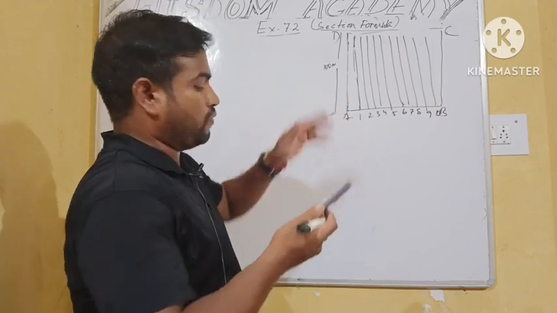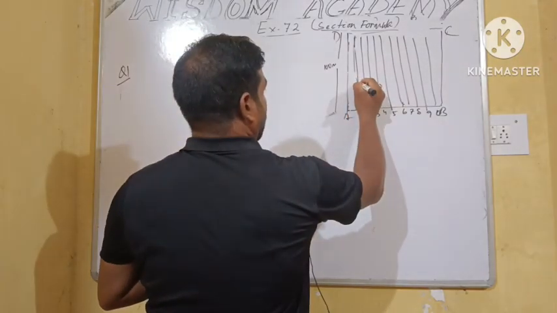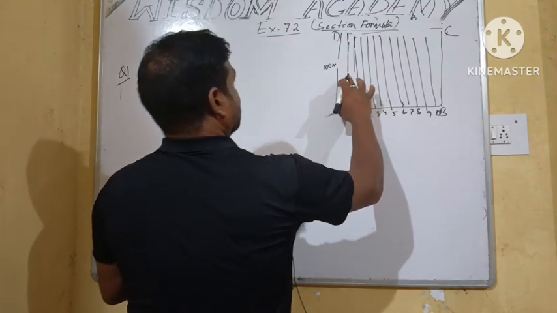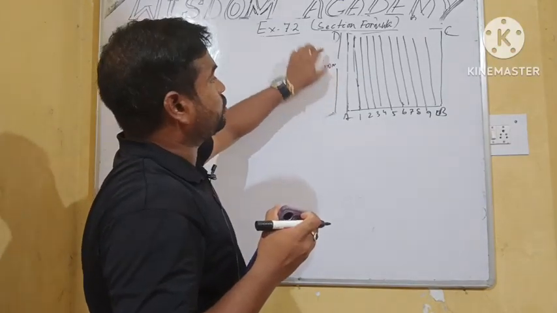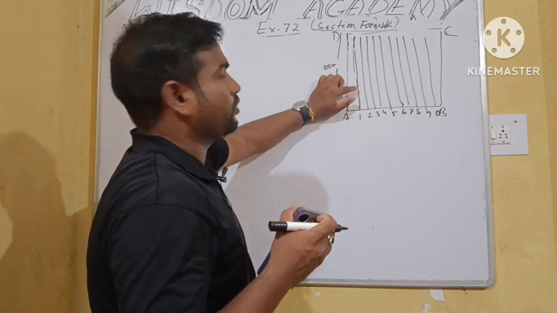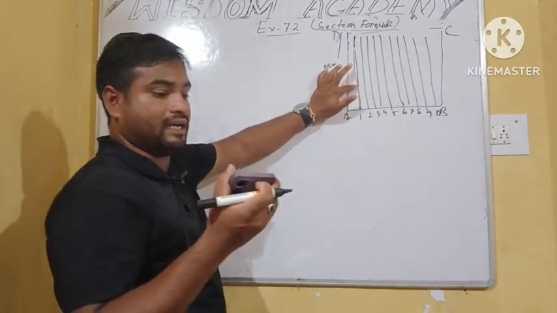Niharika runs 1/4 the distance AD. The total distance AD is 100 meter. If Niharika runs 1/4 of 100, what distance is covered by Niharika? 1/4 into 100, 25 meter covered by Niharika.